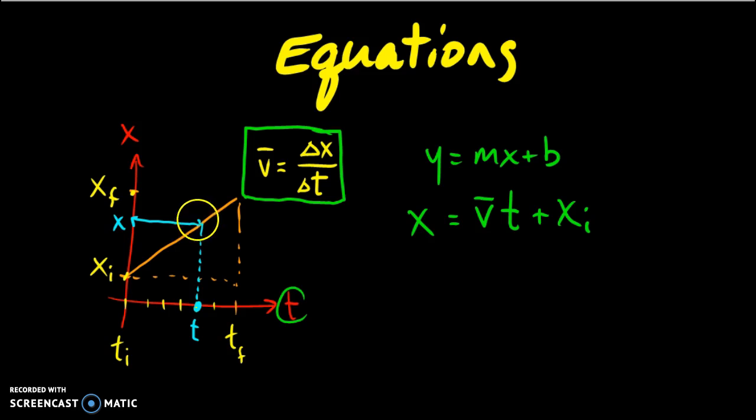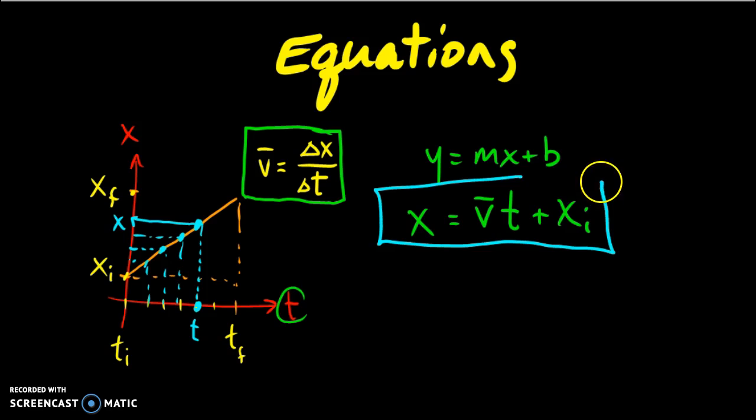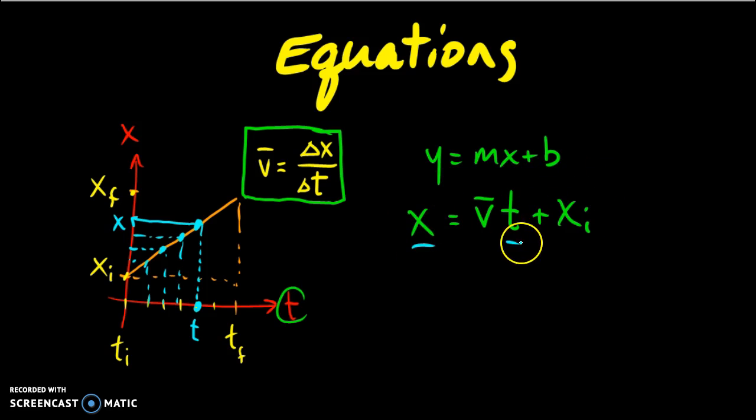So you should realize that this line is really just an infinite number of possible times and corresponding positions, and that's the beauty of the equation, it gives you any point on the line. x and t are variables, they change, and v and initial position are constants.